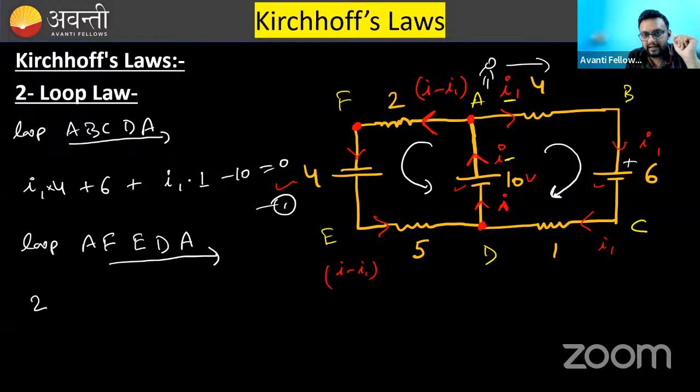Resistance is 2. Current is I minus I1. Should I write it positive or negative? Quick with the response. You are moving in the path AFEDA. Should I write it positive or negative?